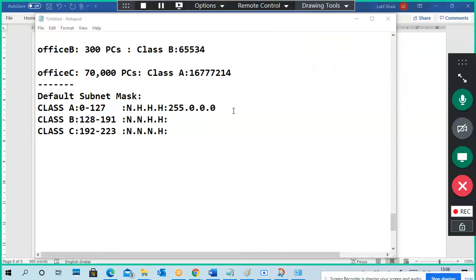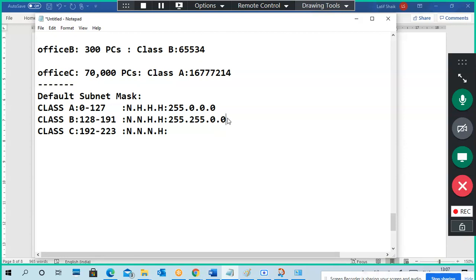When one device communicates with another device, it generates a network ID. As we know which one is class A, class B, class C, based on the subnet mask the system can understand what your network ID is. It's a default, meaning it can be changed, but if you change it, your network will change automatically. That we'll see later.